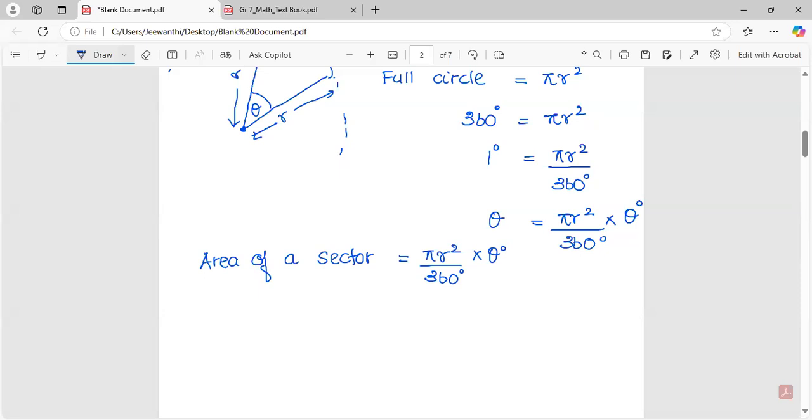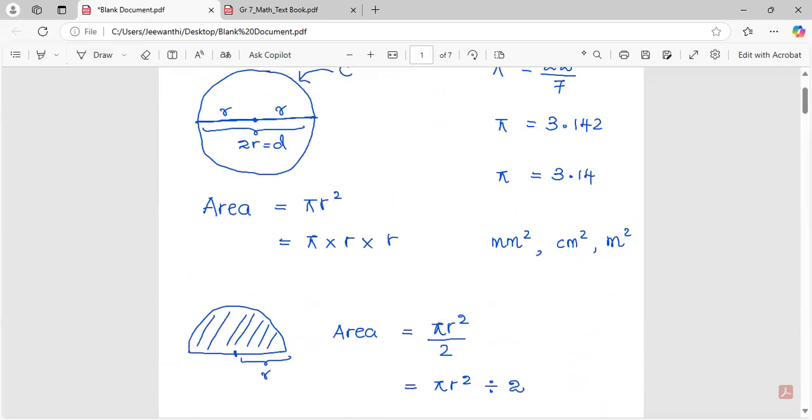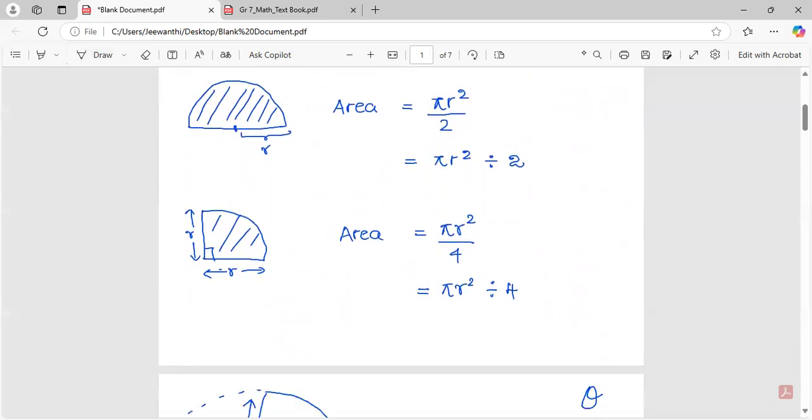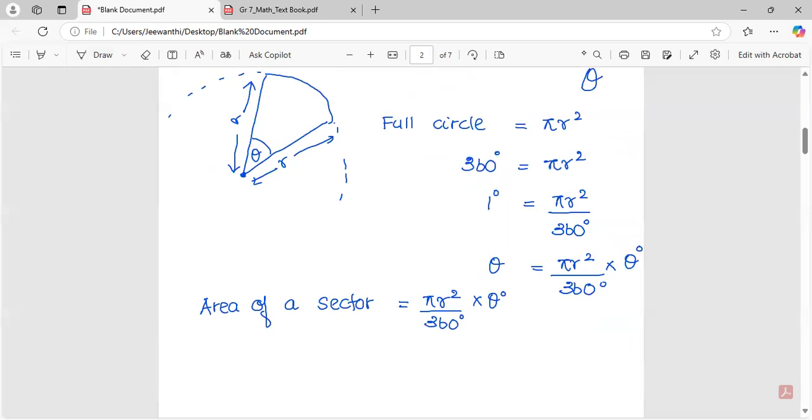It can be 105, it can be 90, it can be 270. See the angle value inside the sector, not the outside part. So these are the 4 equations you want to keep in your mind: πr², πr² divided by 2, πr² divided by 4, and πr² divided by 360 into theta degree.